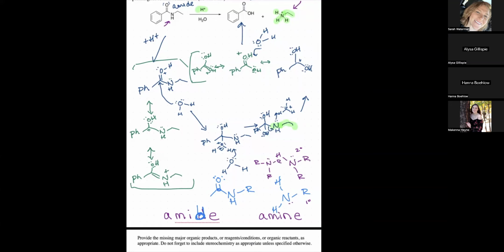R is just any hydrocarbon chain, and first degree just means how many hydrocarbon chains are connected to it. So this one has 1 hydrocarbon chain. This one has 2 hydrocarbon chains. That's why it's second degree. This one has 3 hydrocarbon chains. This would be tertiary or third degree amine. So it just has to do with that. This one would be a primary amine because it has 1 hydrocarbon chain on it.